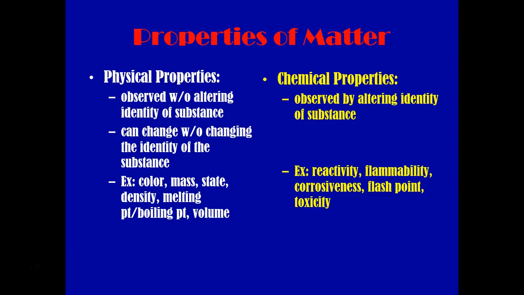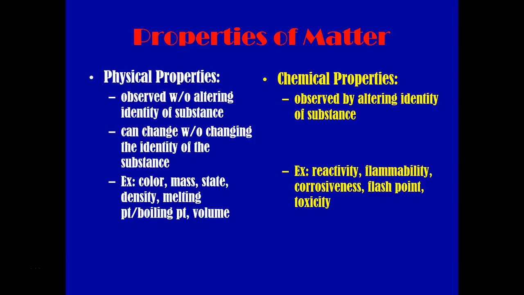Density can be measured. Melting point and boiling point are interesting. This means that if you heat it up to a certain temperature, it will melt. Well, when something melts, it doesn't change the chemical that it is. For instance, if we take ice and we melt it into liquid water, it's H2O both times.